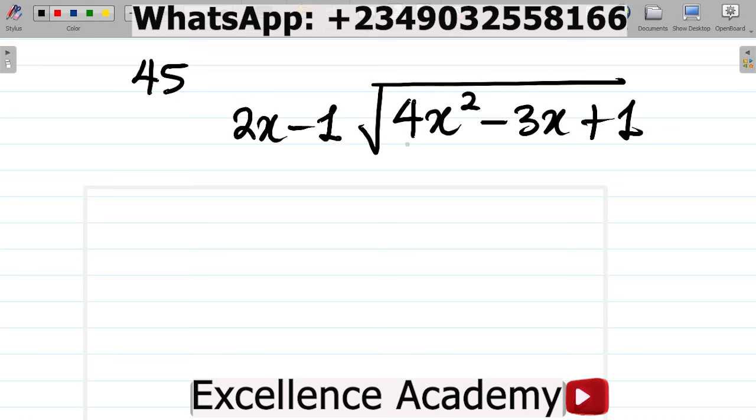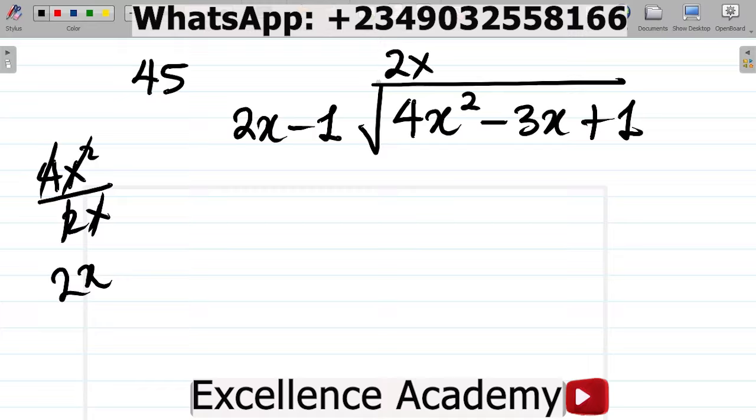Of course, take the first term here, 4x squared, divided by the first term here, 2x. So you have 4x squared all over 2x. 2 cancels 4, you have 2. x squared divided by x, you have x. So this gives you 2x. Now 2x times 2x, that gives you 4x squared.